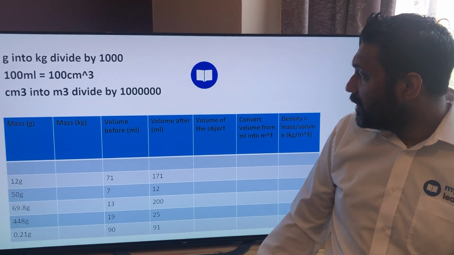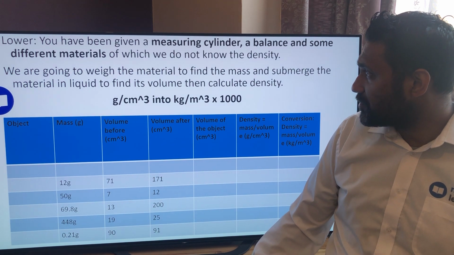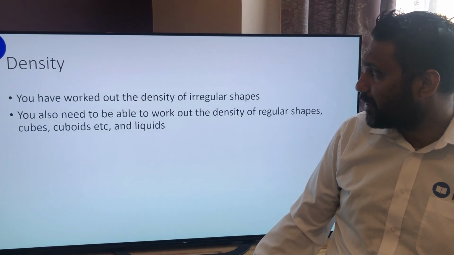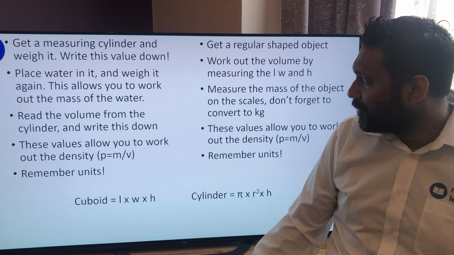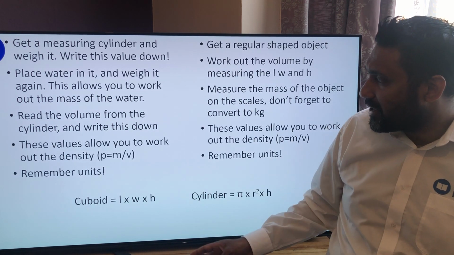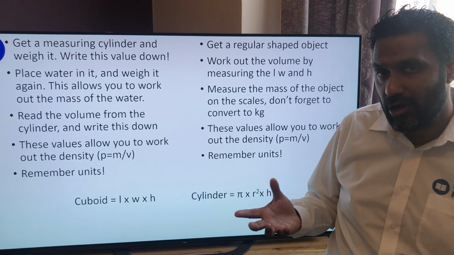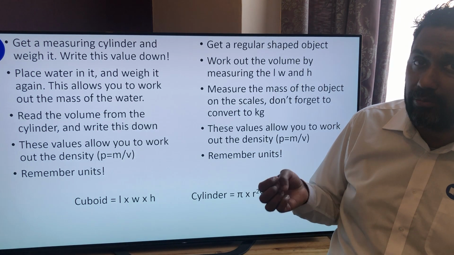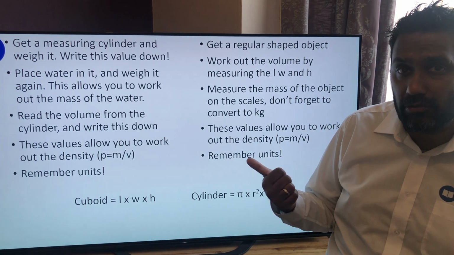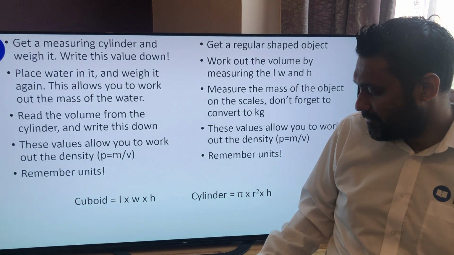So what you need to be able to do then is, there's some results. I'm going to post this on Show My Homework, so you've got access to it. The most important thing is that you do the practical and you make sure you write down the methods. Okay, so for a 6-mark question in the exam, you need to be able to write the method of how you measure the density of a regular object, an irregular object, and liquids.